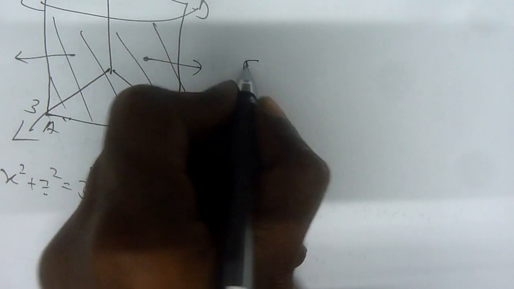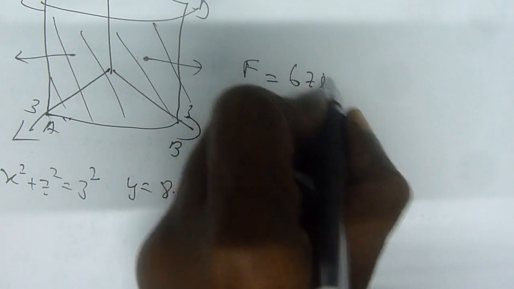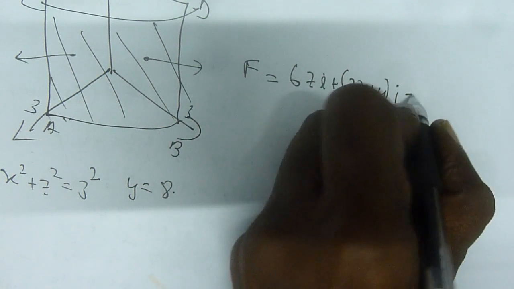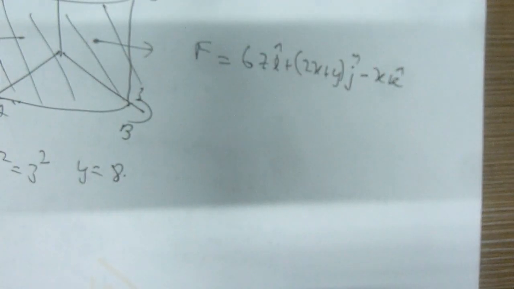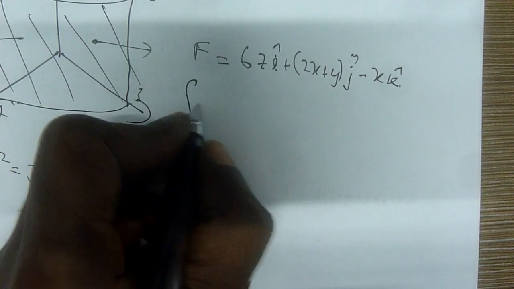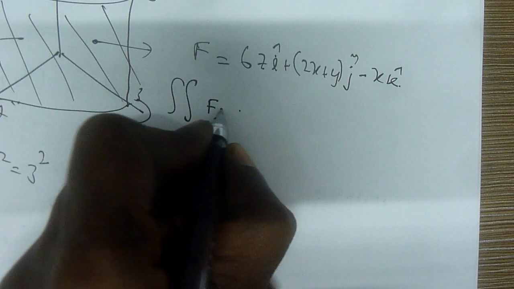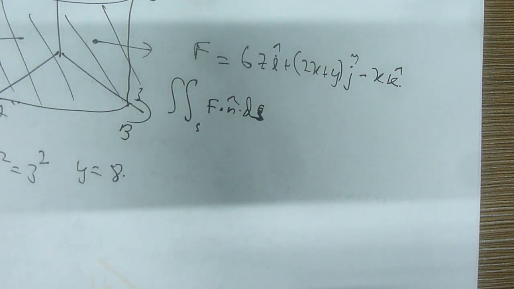What about F? F equals 6zi + 2x + yj + xk. I'm not going to write all these units again. Our interest is to calculate the surface integral of F dot n dS, small s.